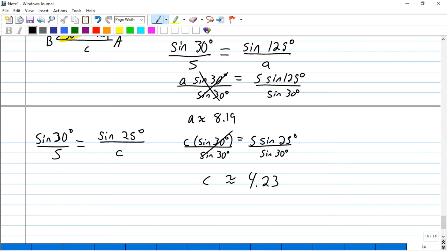The next problem says two sides and an angle are given. Determine whether the given information results in one triangle, two triangles, or no triangle at all. Solve all triangles that result.